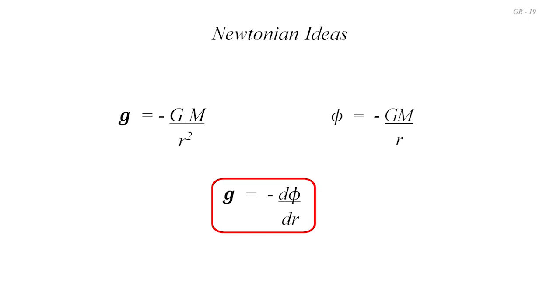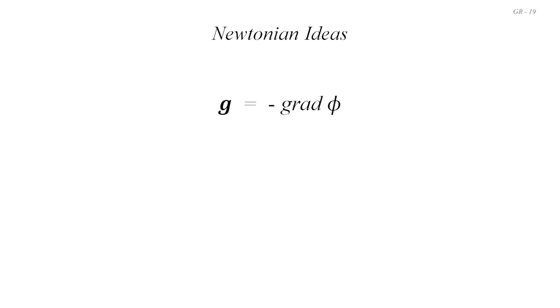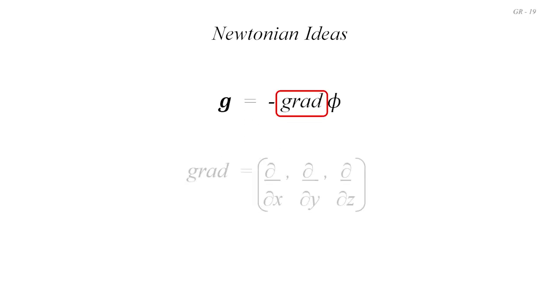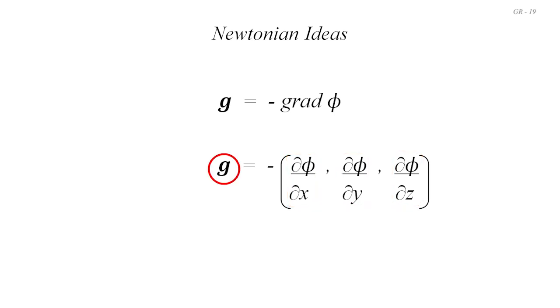If we wanted to generalize this equation to three spatial dimensions of x, y and z, rather than simply just the radius r, we would probably write it using the grad operator of vector analysis, g equals minus grad phi. As a further reminder, this grad operator is a kind of vector operator with an x, y and z component. It takes d by dx to produce the component vector in the x direction, d by dy in the y direction, and d by dz in the z direction, giving the three spatial components of the vector g.